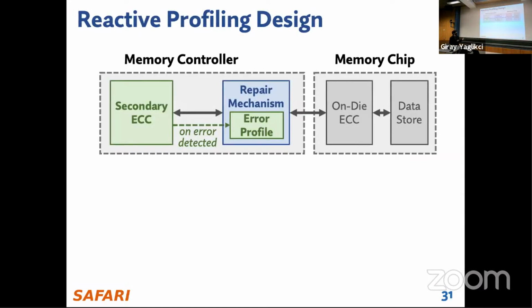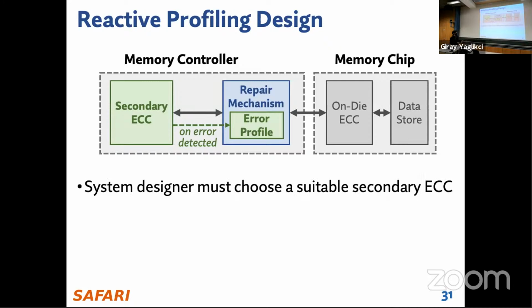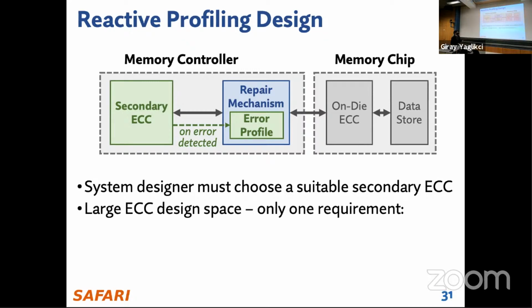The reactive profiler consists of the secondary ECC, which, after all the direct errors have been repaired, captures the upper-bounded indirect errors. Here it becomes a little complicated because the system designer needs to choose a suitable secondary ECC to do this, and there are several design concerns. The design concerns include things like matching the granularity of these two codes.